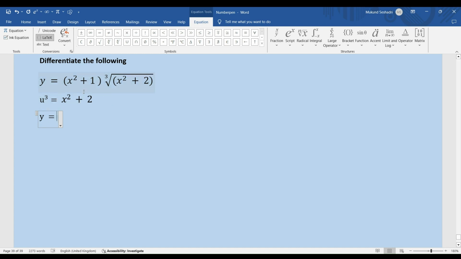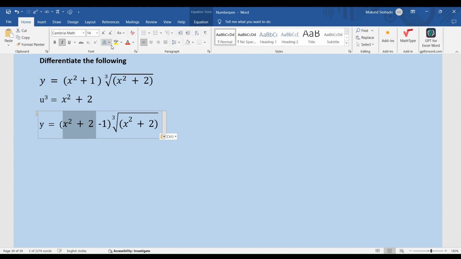I'm going to write x square plus 1 as x square plus 2 minus 1, and I still have a cube root here, right? So I have not changed anything. I've represented my x square plus 1 as x square plus 2 minus 1. And then I'm going to replace my x square plus 2 with u cube. Let's do that in the next step.